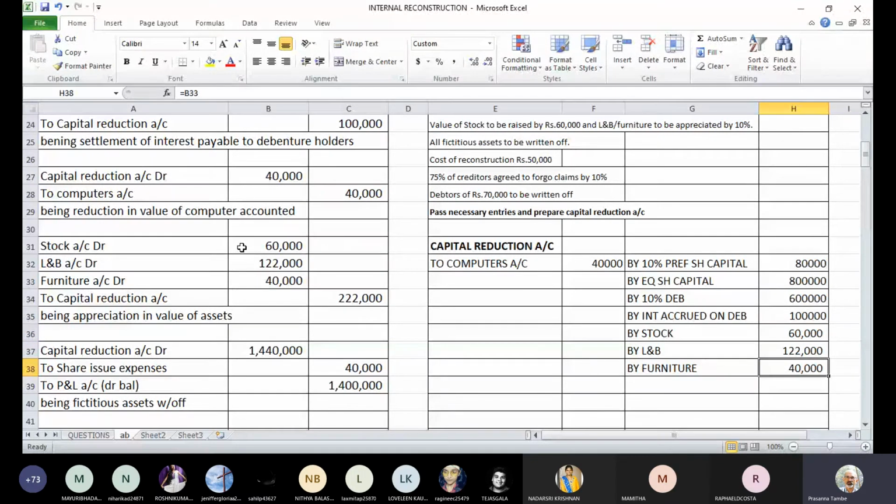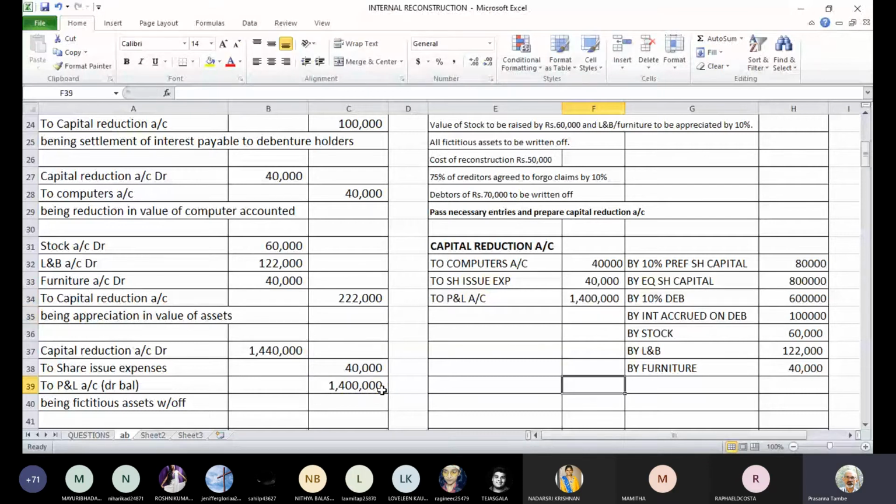These are the amounts which are increased values of assets, revaluation of assets, leading to a profit that is credited to capital reduction account. Then we have written off in the next entry share issue expenses, and next profit and loss account. These are 2 balances which we have written off because these are fictitious assets.